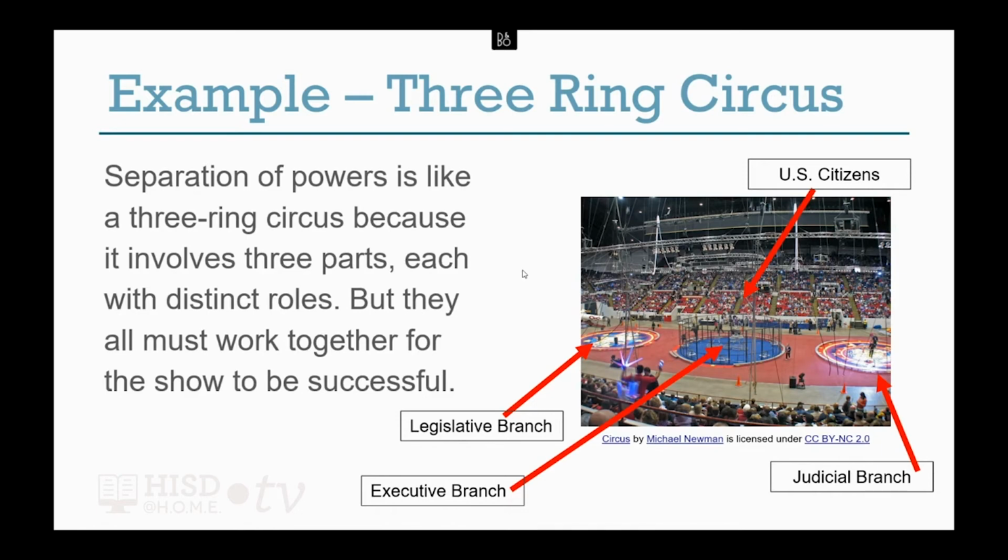So they all are important. They all work together. They're all about the same size, right? They have shared powers, different powers. They're all important. And then I also labeled the audience as the US citizens, because remember, without people like you and me, without the citizens, the government wouldn't work. All right? So it's your turn.